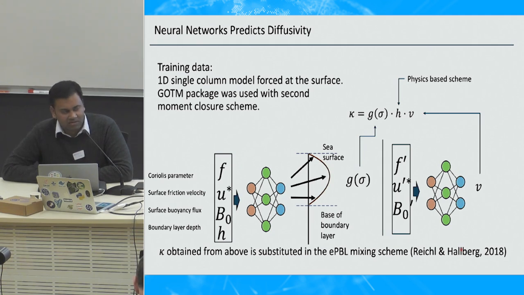This division into G and V looks a little bit like you're solving sub problems rather than one problem, and perhaps you're over constraining the inputs that you're putting in. Perhaps you could just comment on that a little bit.